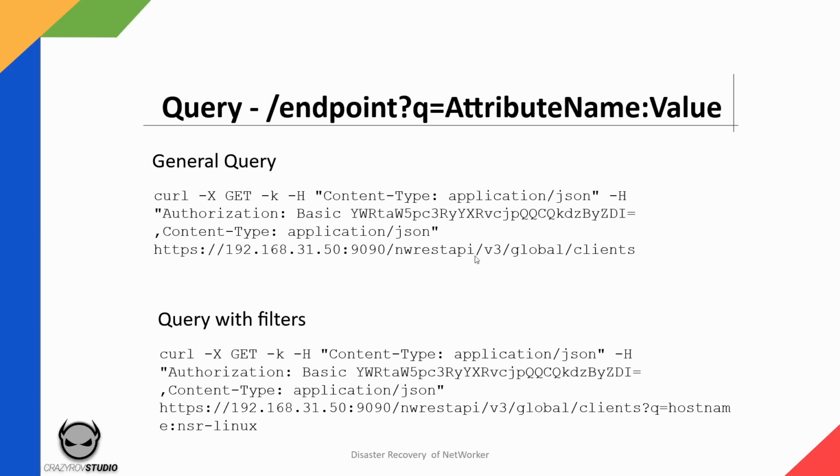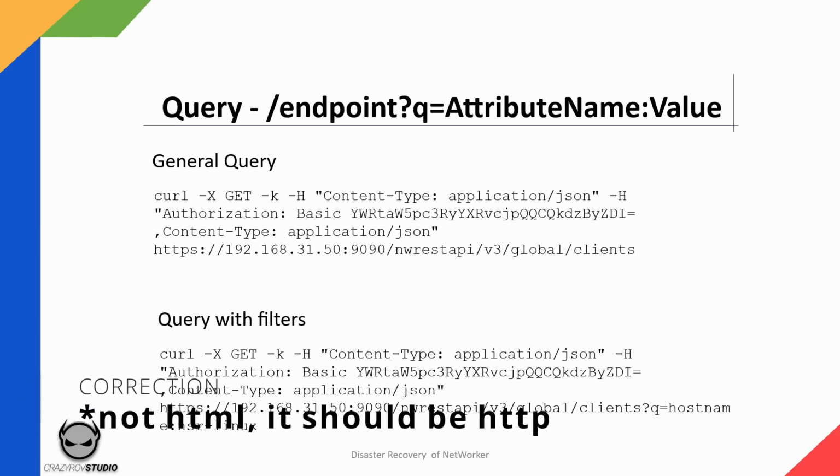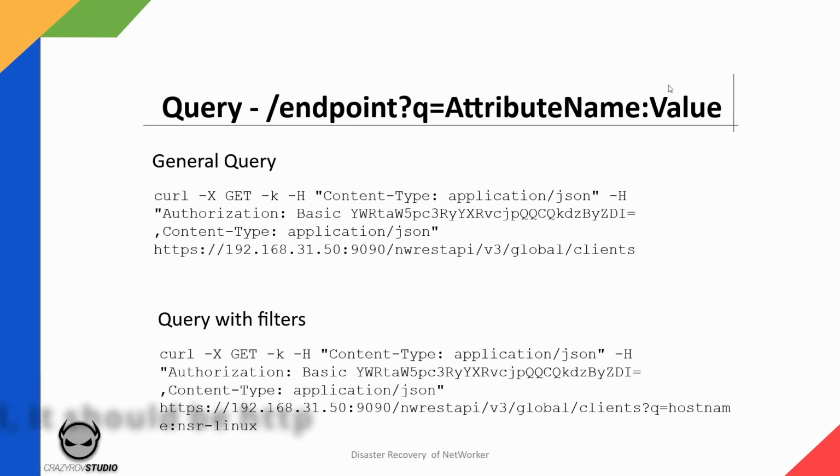Then we have the API itself. All the way up to here is a constant string. The last part of the URL here is called an endpoint, and the endpoint mentioned here is basically clients in the example general query that you have here. Next, you have the query parameter, the URL parameters that are usually passed with HTML URLs, and you pass the attributes that you want to set for the particular query.